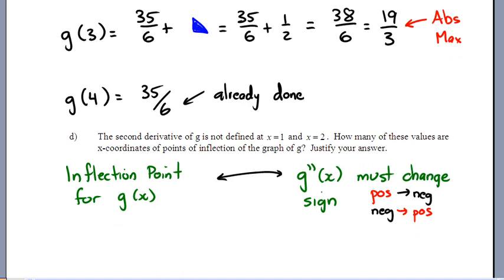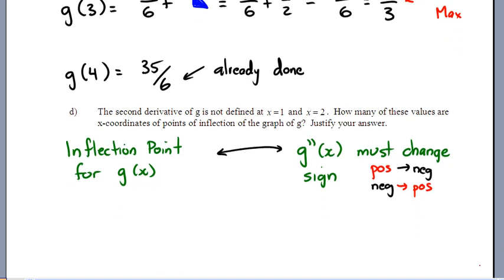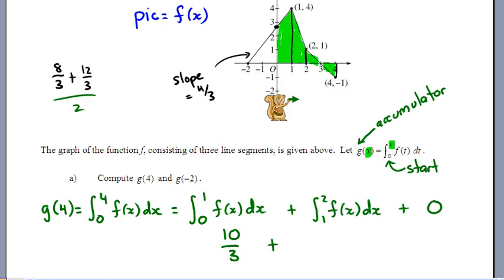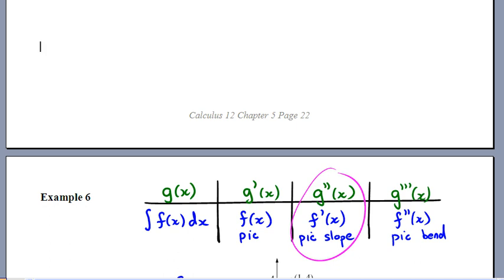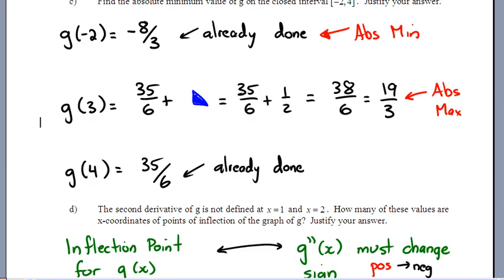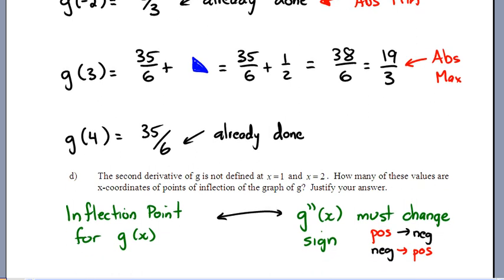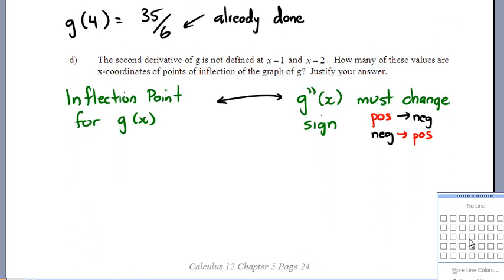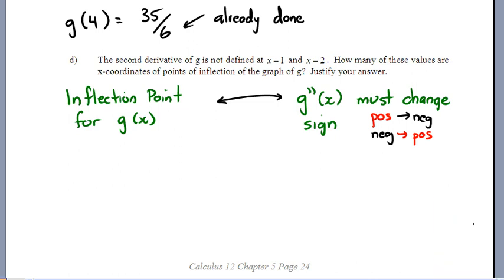Okay, great. But it's really hard for me to think about the second derivative of g. But I've got this plan, right? I can go back again to my little legend if I need to and say, okay, the second derivative of g, that's just f prime. That's the slope of the picture. So another way to say this is, you want to talk about the second derivative of g? Looks like the slope of the picture.